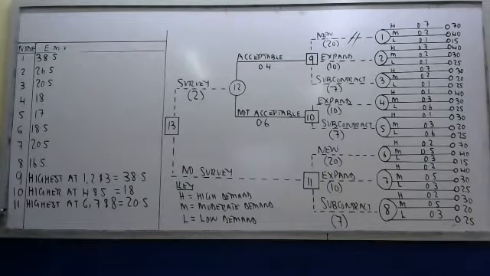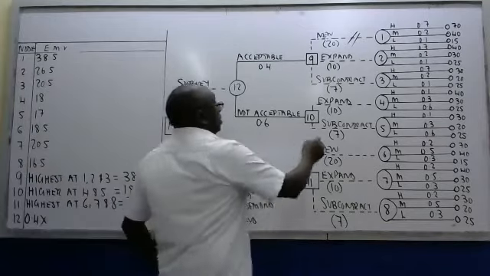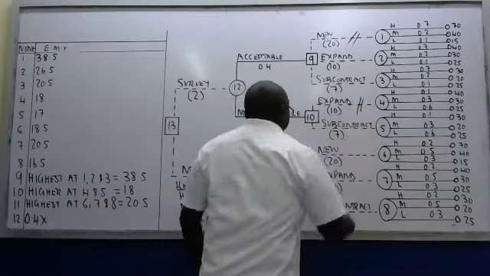Now, when we come to number 12, number 12 will require that we multiply. So you take 0.4, and I've forgotten to mark. This 18 imepatikana kwa number 4. So we need to mark here.